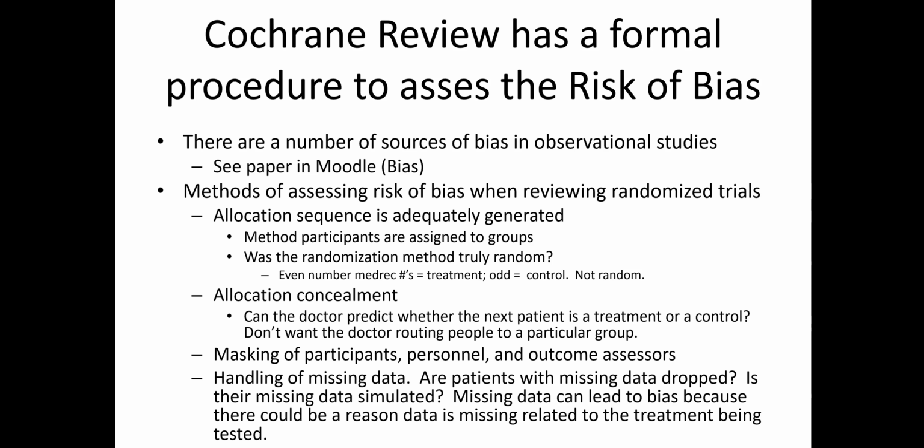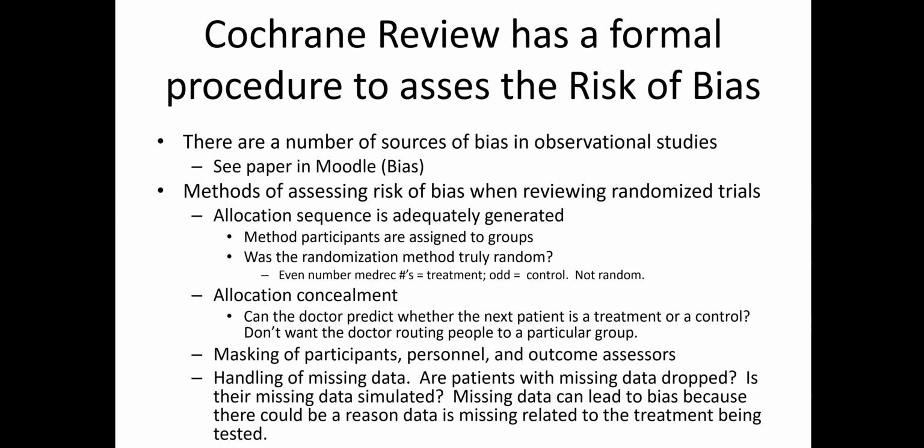Another big one, and particularly in clinical trials, is the handling of missing data. If you have a trial that's going on for a while, people are going to drop out or they're going to miss appointments. And what do you do about that? Do you simulate their missing data? Do you just drop the whole subject with missing data? Missing data can lead to bias because there could be a reason data is missing related to the treatment being tested.